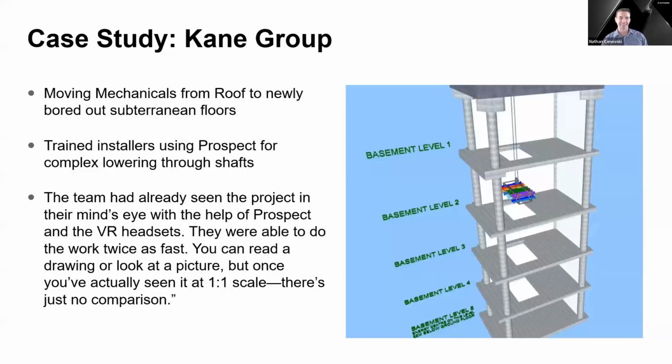Perfect. Okay. So yes, Kane Group was having to drill out a subterranean level. In order to do this, they had to do a project that previously was unthinkable, right? They had to drill out, create a subterranean level, and then lower all the equipment down by a shaft. They trained for this. They gave the crane operators a feel for what the actual conditions would look like using Prospect. And they also brought in the owners and the engineers to review the project and the various moving parts of this project within Prospect.